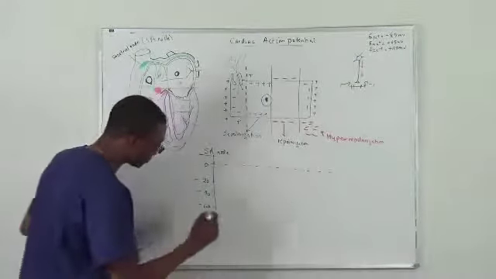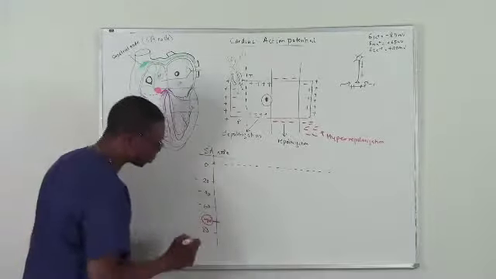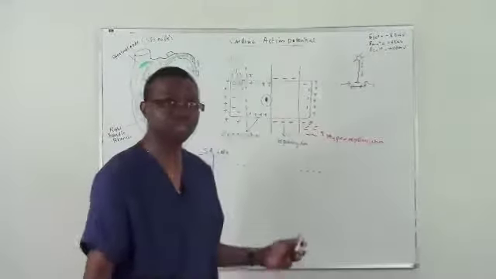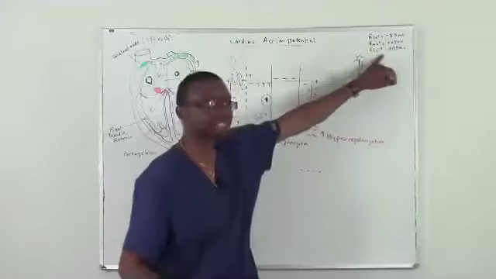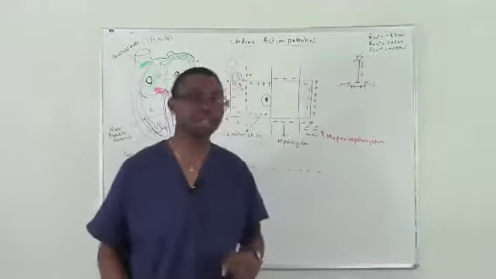And this unstable resting membrane potential is around -70. Let's put it on the board. Right here, -70 millivolts. That is the unstable resting membrane potential of the SA node. Now, I want us to take a look at these resting membrane potentials that I wrote up here initially that we talked about at the beginning of the lecture.